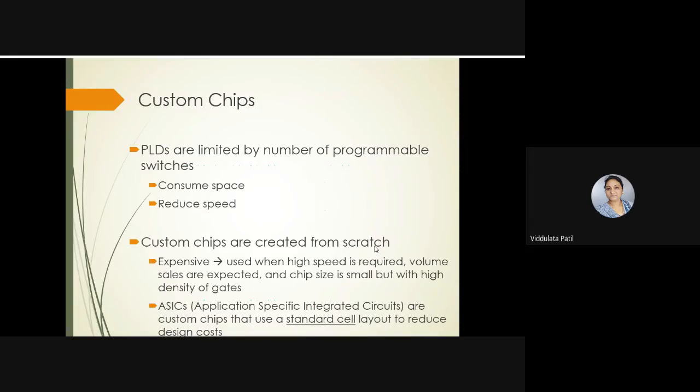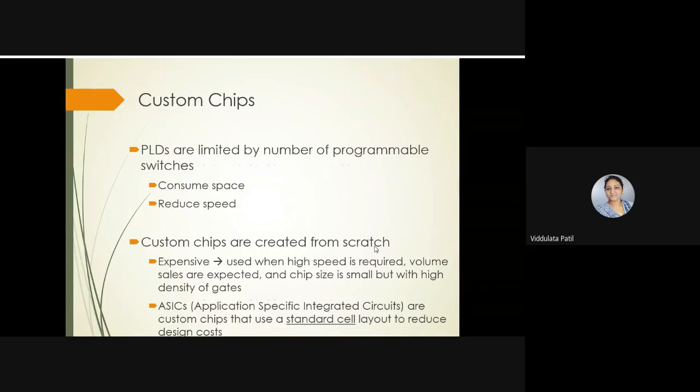But custom chips that are created from scratch are expensive, but they are used when high speed is required, because the speed of these chips is high, and when we want to sell a number of the same products. Custom chips also have a small size and a high number of gates, so you can implement a very large circuit.